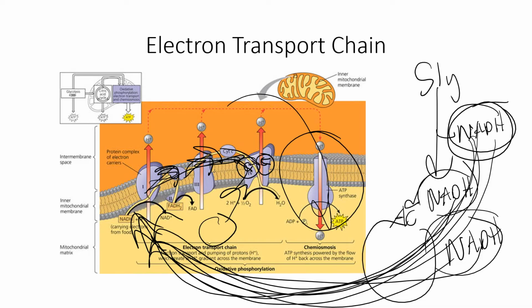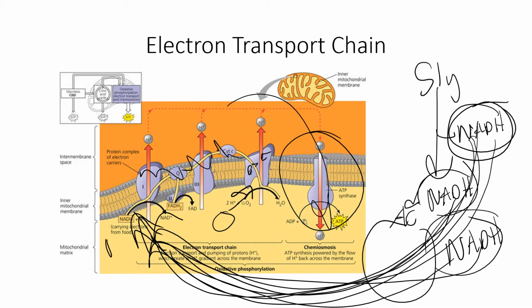So what do you think happens? First of all, if more electrons are moving through the chain than can be extracted from the fourth complex, then they're all going to start to build up. Right? The electrons are going to build up throughout the chain because there's not enough oxygen extracting electrons from the fourth complex. And then are you going to be able to feed more of this NADH and FADH into the chain? Of course not.